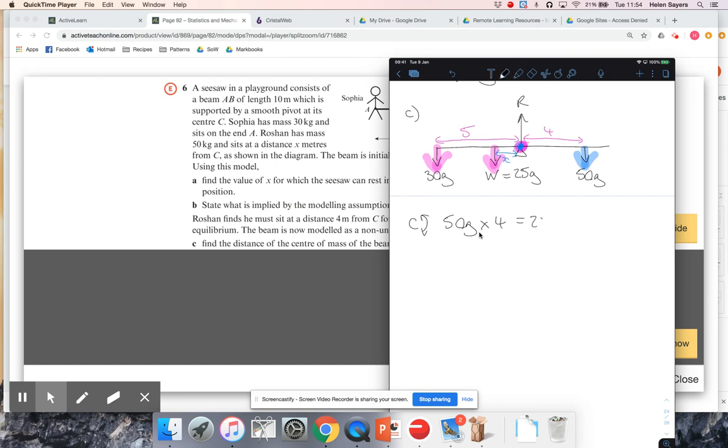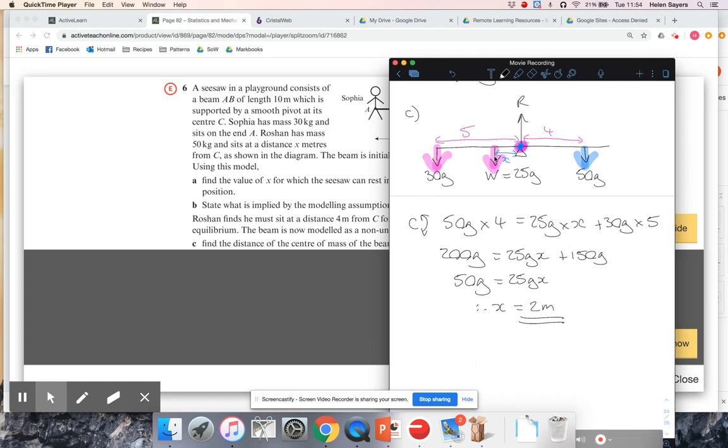So the 25 G force is a distance of X, and the 30 G force is a distance of 5 from C. So 200 G is 25 GX plus 150 G, so 50 G is 25 GX, so X is 50 G over 25 G, a nice round 2 meters.